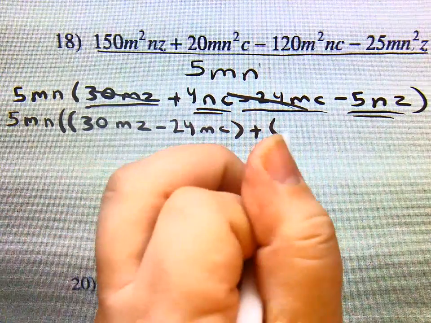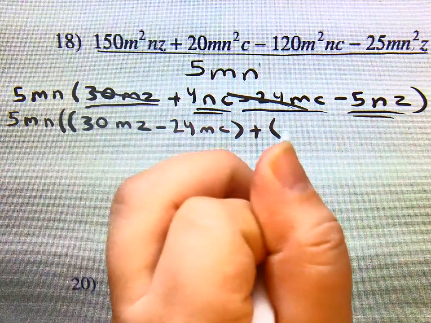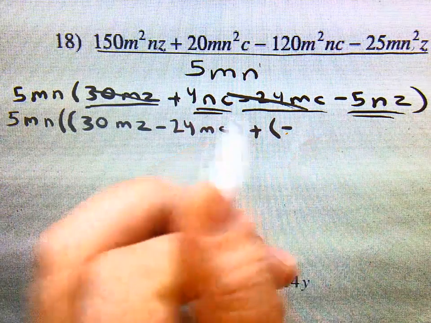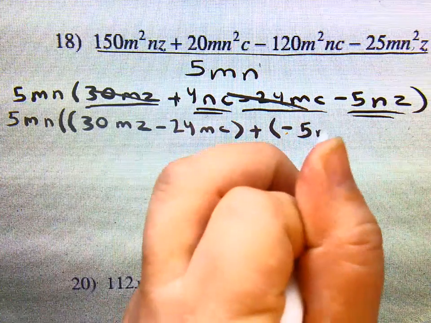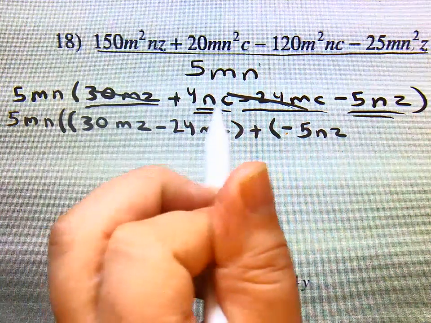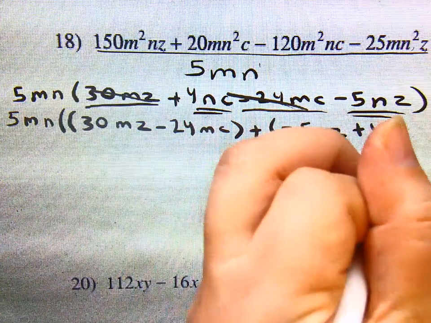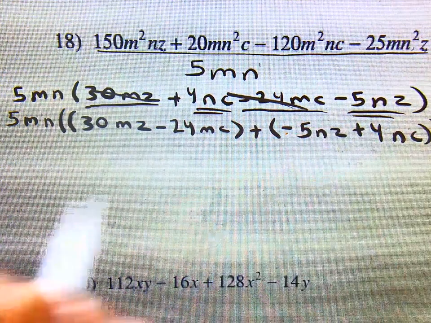And then, since I have an mz here, I'm going to do my nz first. Negative 5nz. And that way I keep my NC's in here in the same arrangement, you could say. Double parentheses there.